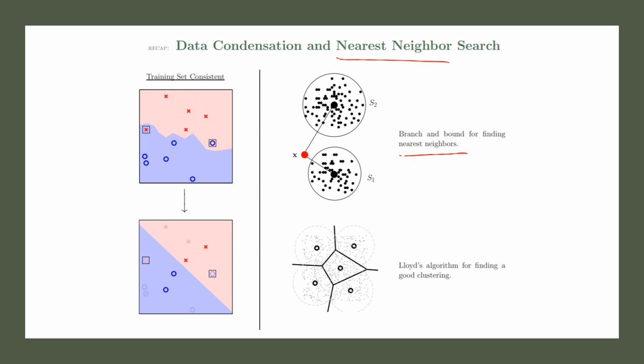How to find clusters was the question, because if there are clusters in the data, we need to find them. And so Lloyd's algorithm helped us do that. All in all, we talked about data condensation, and if you remember, the CNN, and finally improving on the nearest neighbor search.